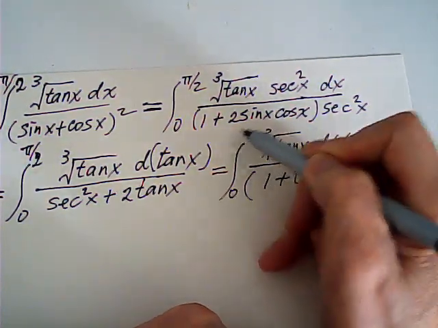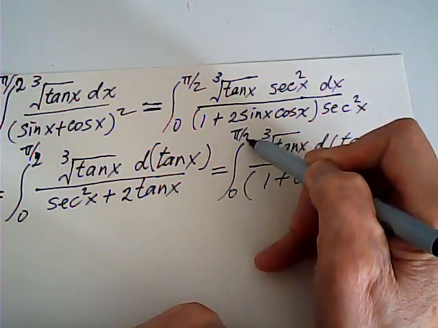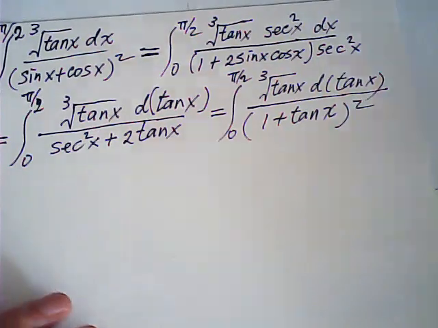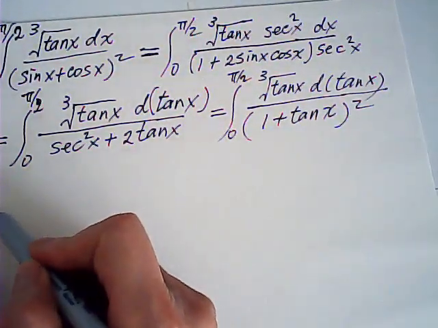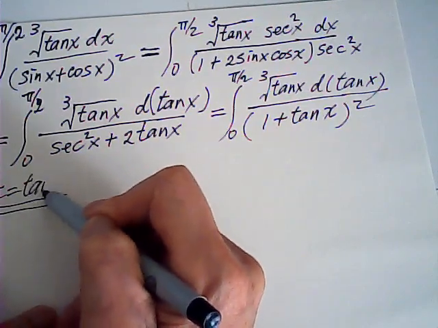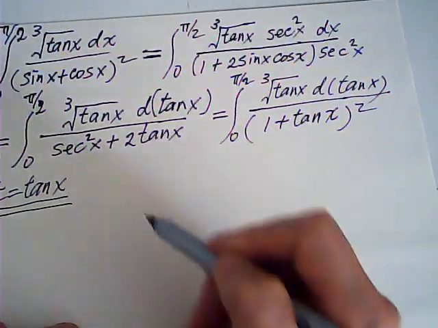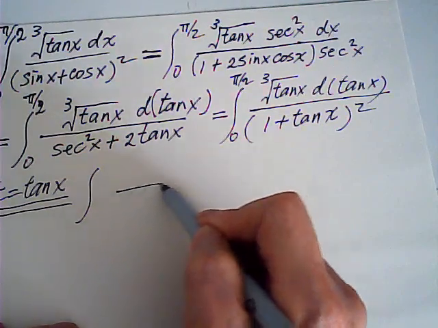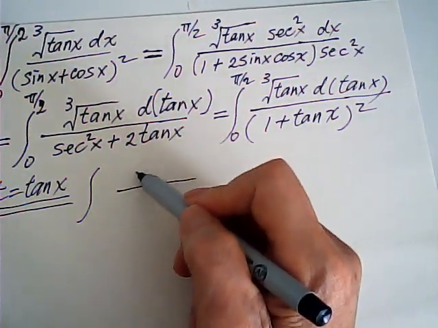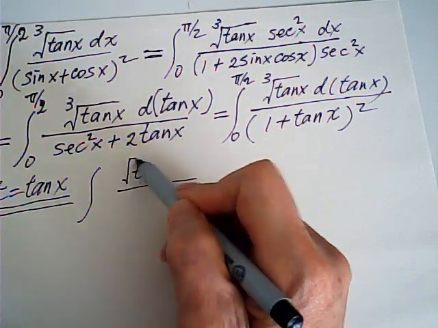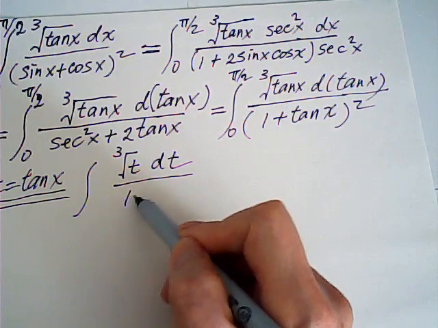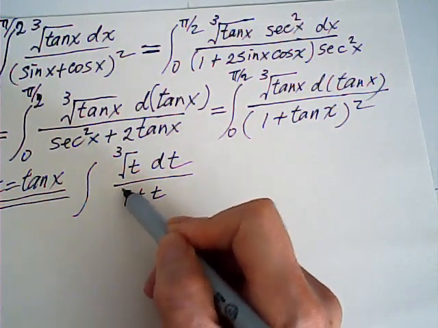So clearly I can bring in a new variable for tangent. Say, how about t? t is equal to tangent x. Therefore, my integral becomes the cubic root of t, dt over 1 plus t square.